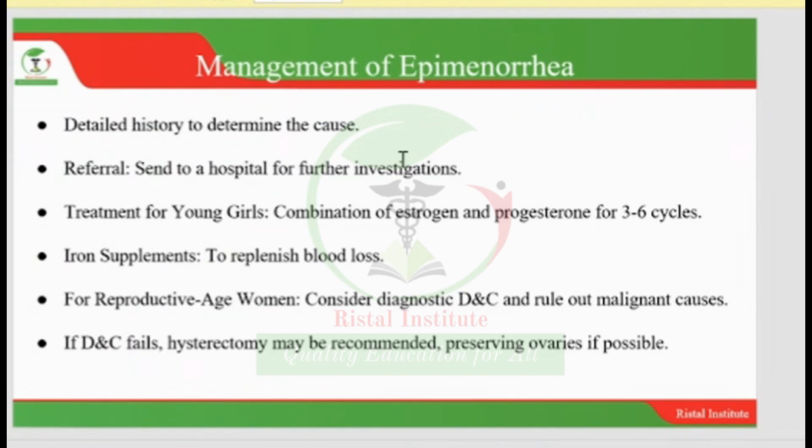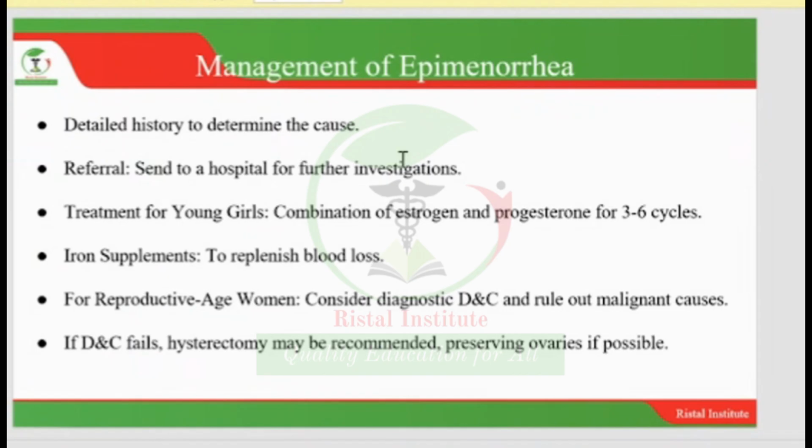For reproductive age women, consider diagnostic dilatation and curettage and rule out malignant causes, like causes that are cancerous. If dilatation and curettage fails, hysterectomy may be recommended, preserving ovaries if possible.